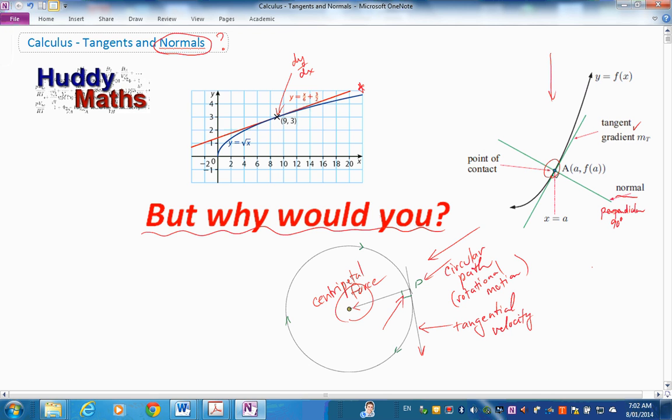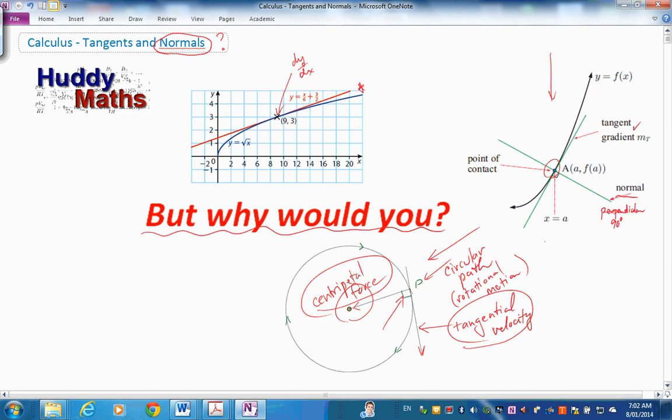So can you now see some value in finding the actual equations, not just the slope, but the equation of the tangent? Because that would give you a good description of where that body's going to head when you release that force. And the equation of the normal is going to give you a good description, if you had a grid system, of where the force is acting, the direction, and everything about it that you would like to know there. Okay, so we've got that link.